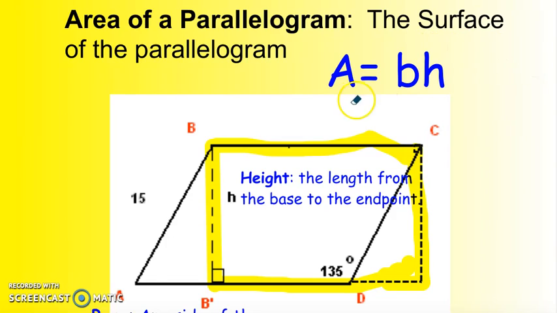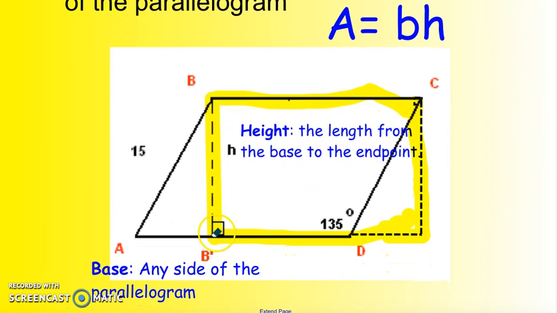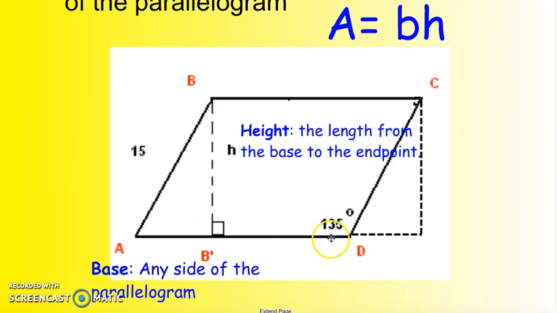Okay, now let's look at this equation. It says to find the area of a parallelogram, we're going to take the base. That's what B stands for, base. The base is basically one flat side of a parallelogram. And our base is one flat side.